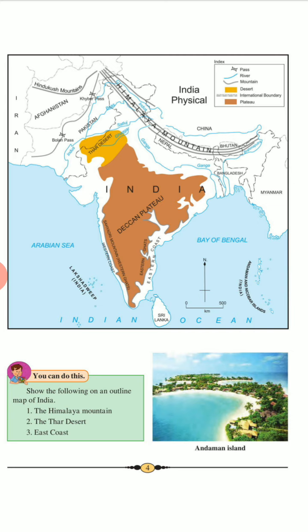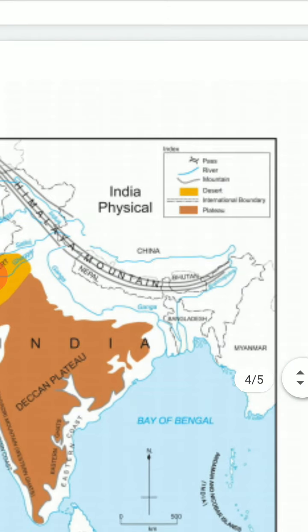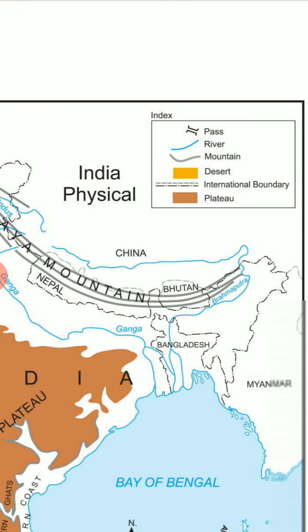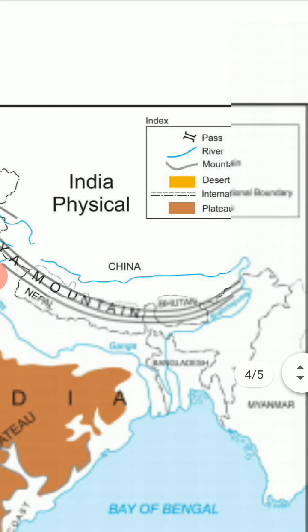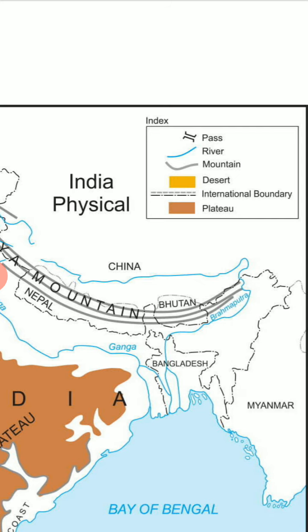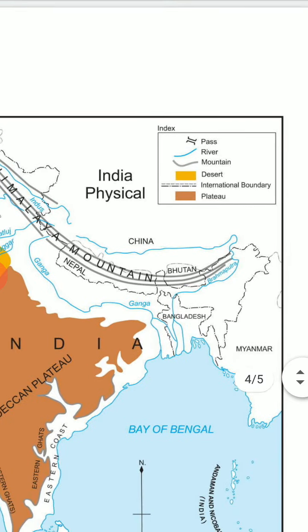In that index, the first sign indicates pass, and the second, blue color line indicates river, and the broad gray color line indicates mountain ranges, and yellow indicates desert, and the second last sign indicates international boundaries, and this last one, brown color, indicates plateau.